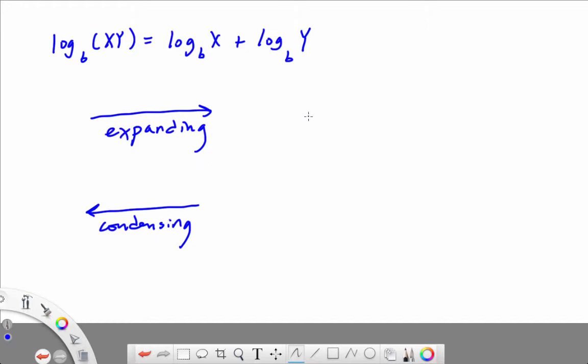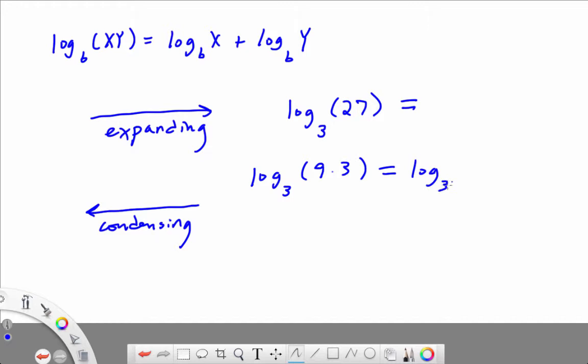And let's do a quick example. Log base 3 of 27 equals something. Now, you may already know the answer, but let's convert this to something else. Let's say we have log base 3 of 9 times 3, and I want to use the property above. So this becomes log base 3 of 9 plus log base 3 of 3.